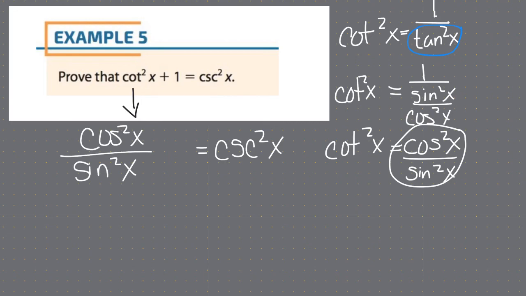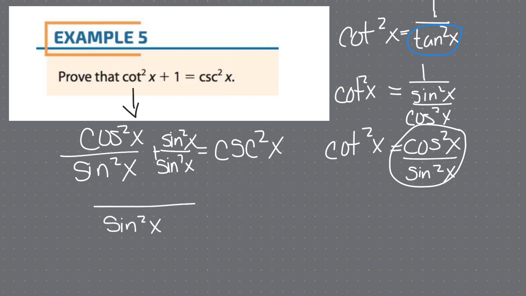I'm going to put plus sine squared x over sine squared x. Oh, look at that. There we go. So now I have a common denominator of sine squared x.